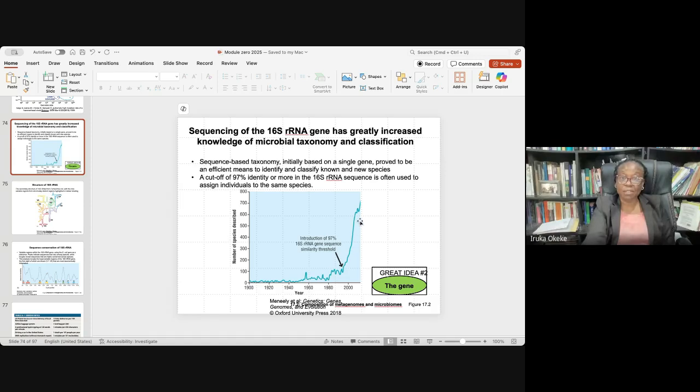And now there are thousands. This is not 100. This is something like 100,000, I think. This is thousands of species. But now there are millions of species that have been described because we can use 16S, or 18S if you're working with eukaryotes, genes to be able to identify them.